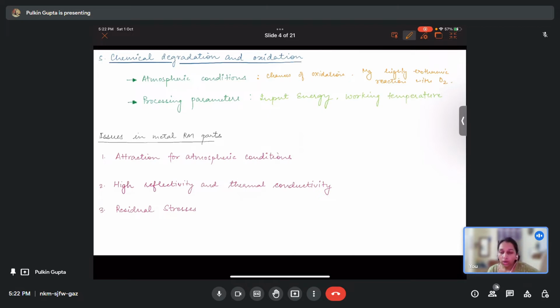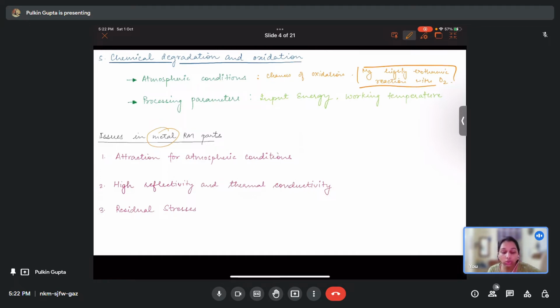Now, what are the issues that are concerned specifically with metal rapid manufactured parts? So, their attraction for atmospheric conditions, like I had been mentioning about magnesium. Metals have higher attraction for atmospheric oxygen. Okay, so they tend to immediately form oxides at higher temperatures.